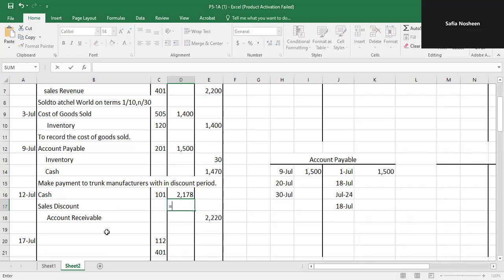So its value will be equal to 2200 multiplied by 0.01. So 2200 is the amount, and so we have availed a discount. Just confirm that it is the correct entry.